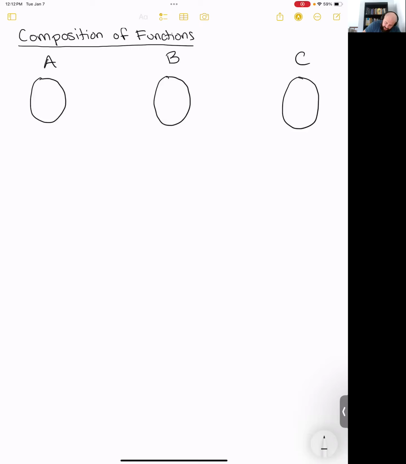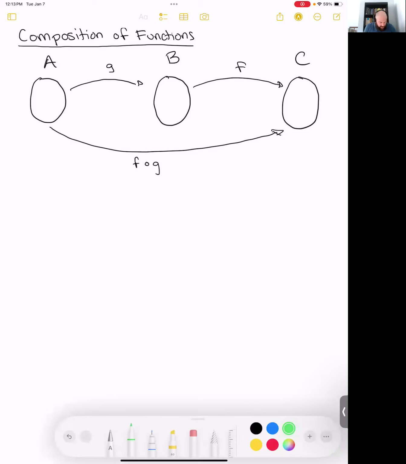the end. We want to consider a function g from A to B and a function f from B to C, right? And so when we compose those, we're going to get a function from A to C, which we will denote f composed with g here.